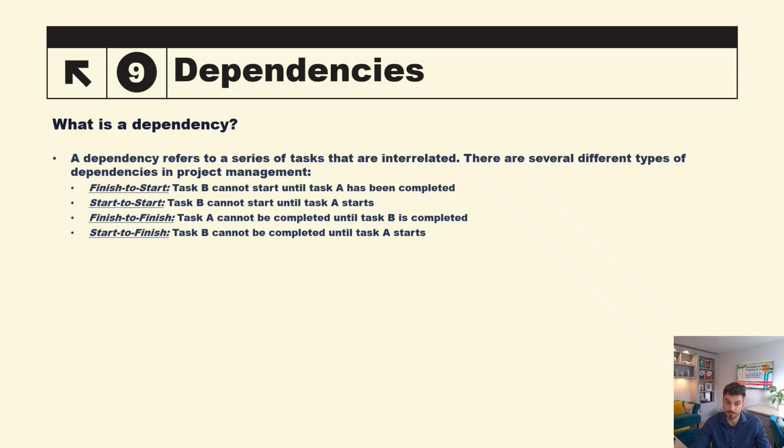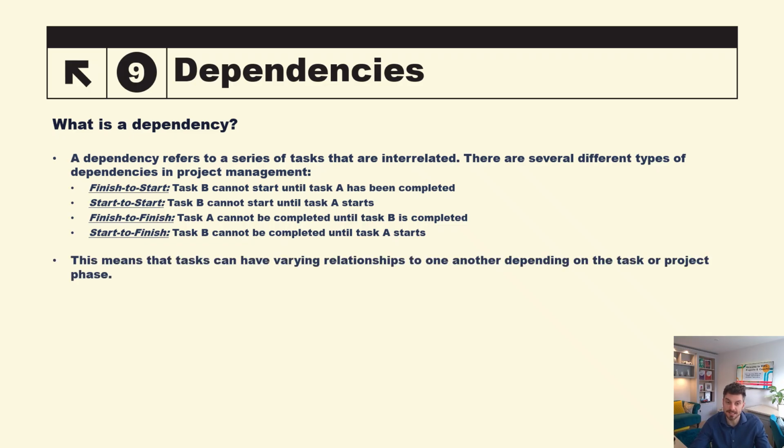Start to start, so that's where task B cannot start until task A starts. Finish to finish, so task A cannot be completed until task B is completed. Or start to finish, where task B cannot be completed until task A starts. This means that tasks can have varying relationships to one another depending on the task or project phase.